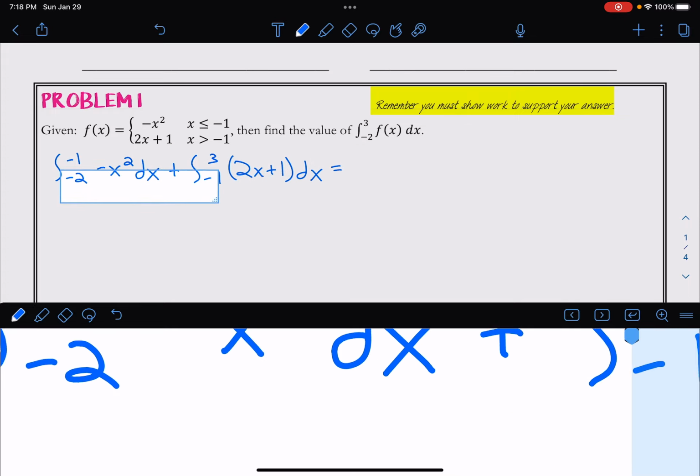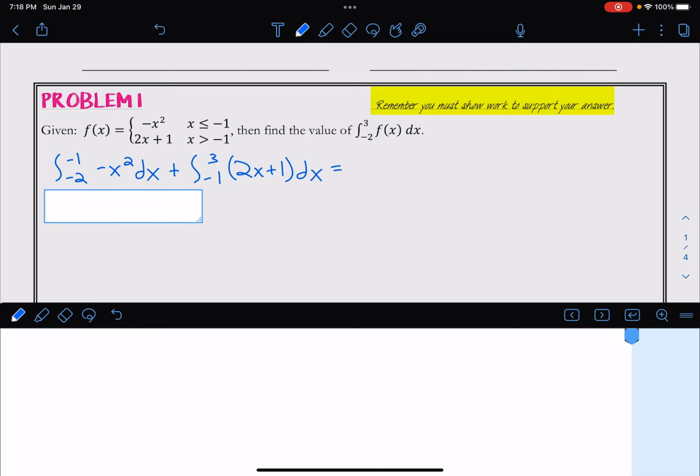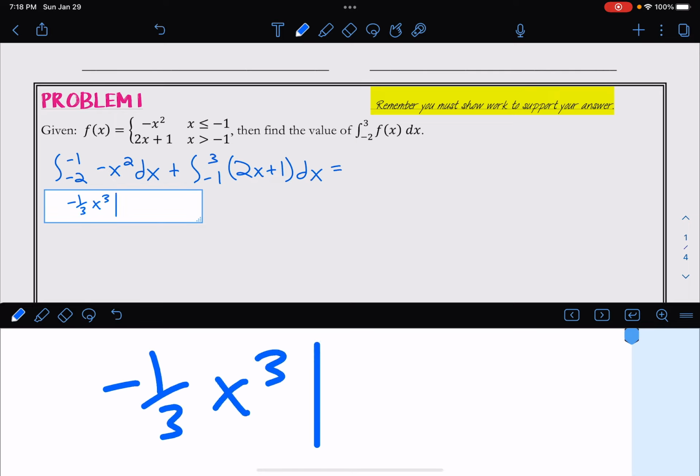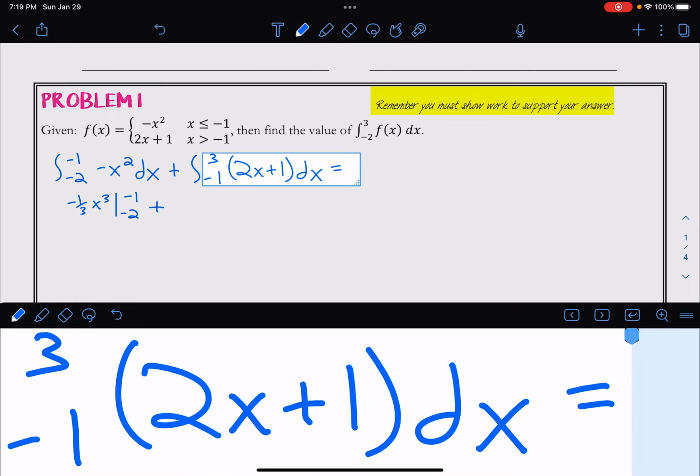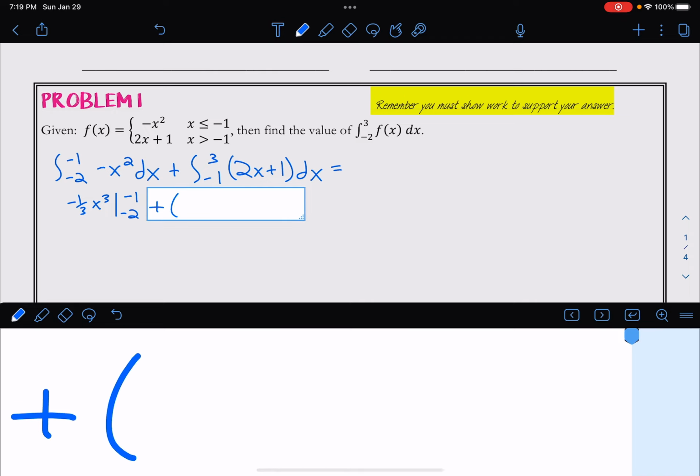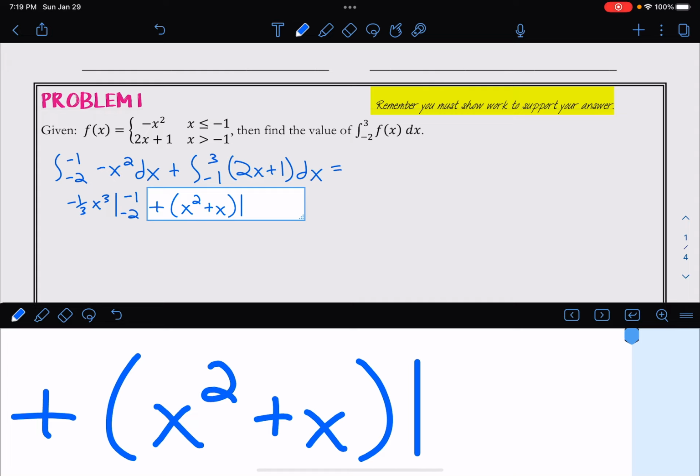Luckily this one is nice. Two simple antiderivatives: negative x squared has antiderivative negative 1/3 x cubed, from negative 2 to negative 1, plus quantity 2x plus 1, which has antiderivative x squared plus x, from negative 1 to 3.